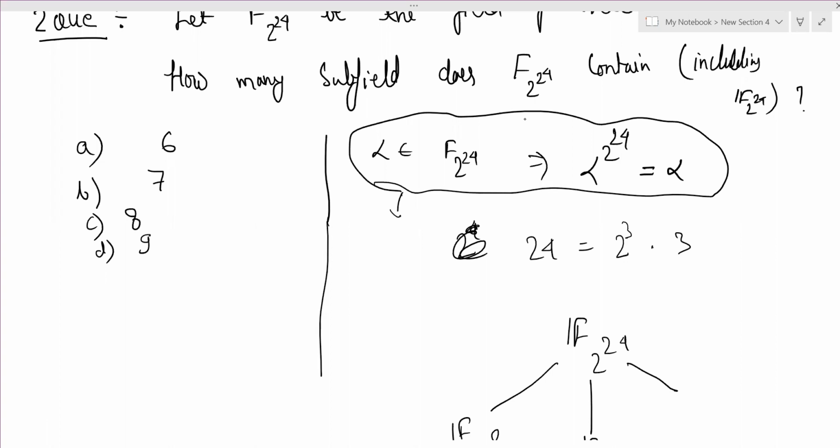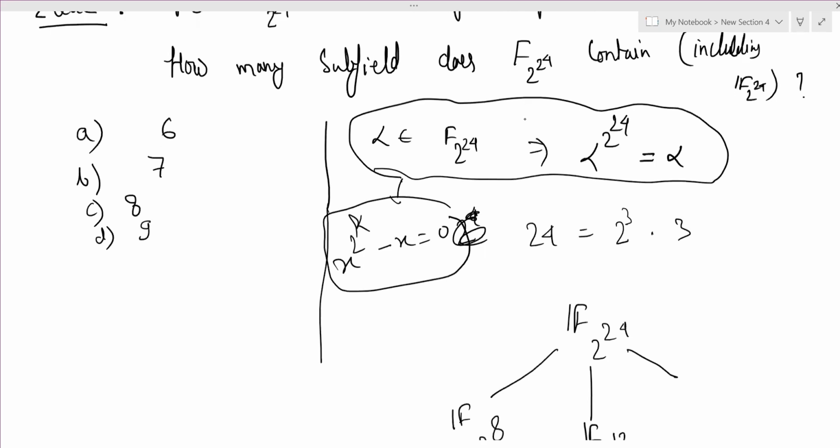Only where k divides 24, otherwise you will not get such roots of x to the power 2 to the power k minus x equals 0.